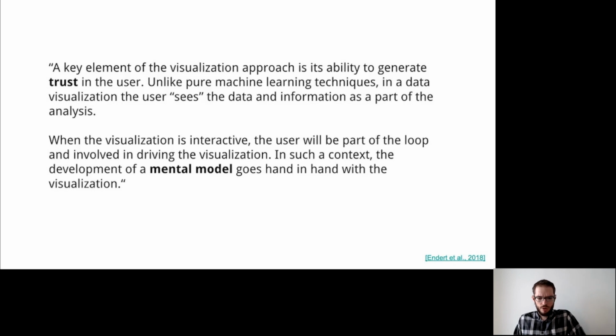Summarizing the section of why we care about interaction and visualization, I want to leave you with this quote by Alexander et al. from 2018, who argues that the key element of the visualization is actually that it generates trust in a user. And this trust is not a blind trust into the outputs of a model. Instead, it is a trust that you understand better how a model works.